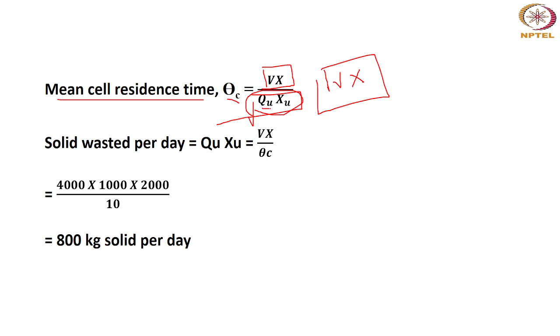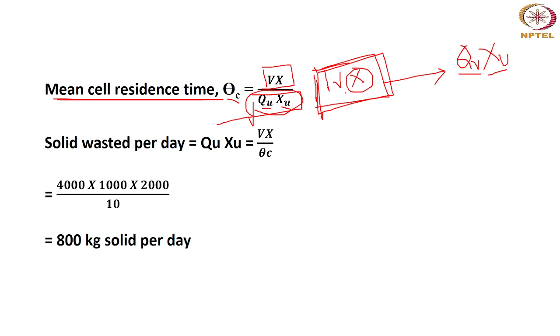I can write the flow rate as Qu and Xu is the concentration of the biomass getting out from this tank, so this is Qu multiplied by Xu. V is the volume of this aeration tank, and X is the MLSS concentration. So this is the mean cell residence time. This is the concept behind theta c.